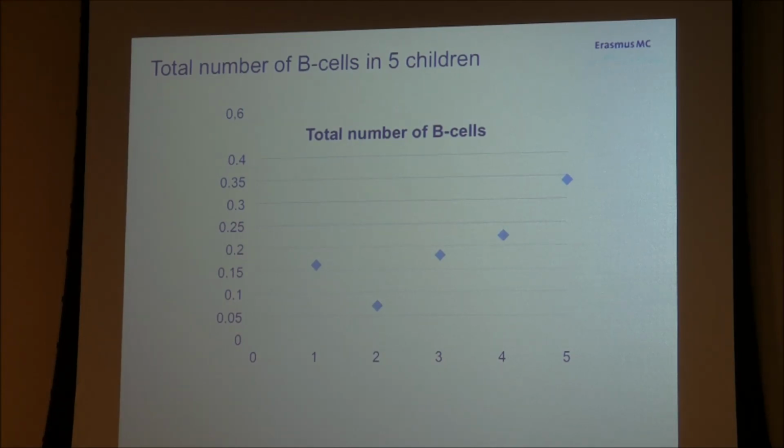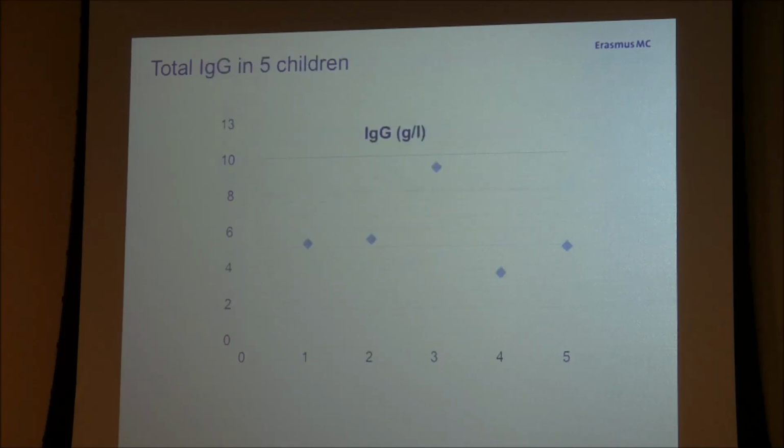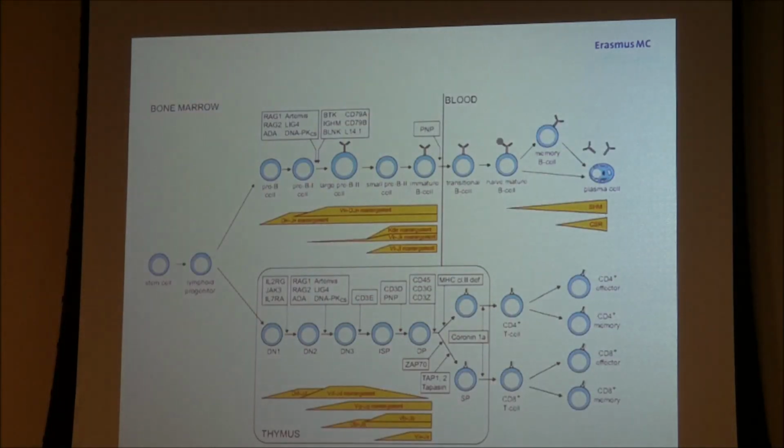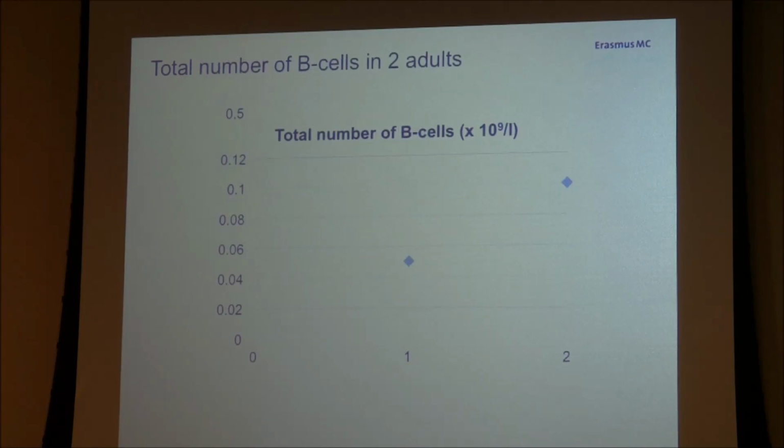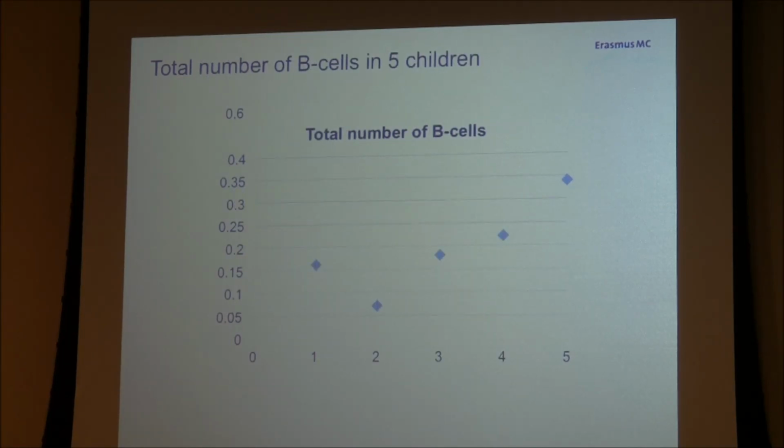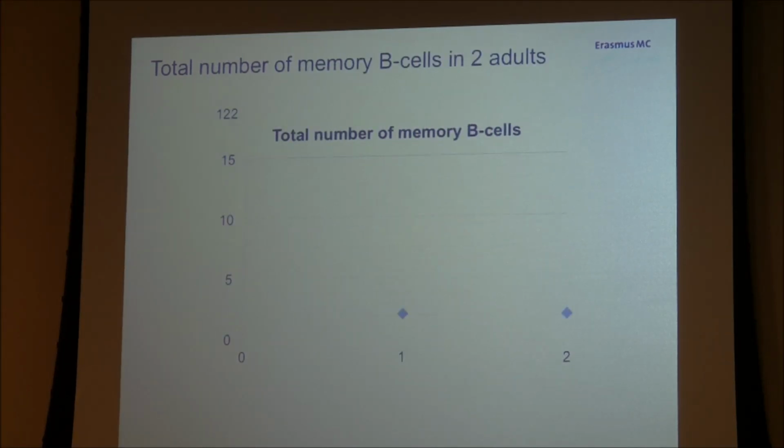Going back in your head to the very complicated slide showing all these steps of maturation of immature B cells, we evaluated all these steps of B cell development, and what we found was over here very clearly the number of memory B cells was low.